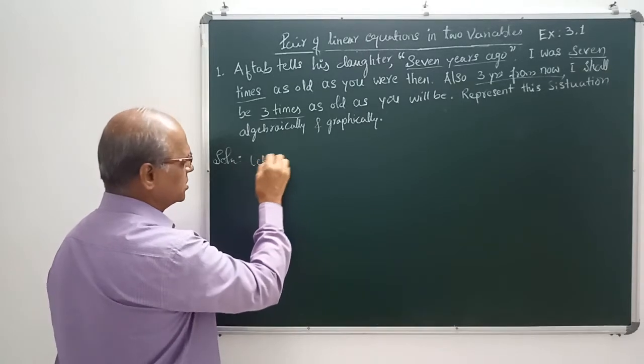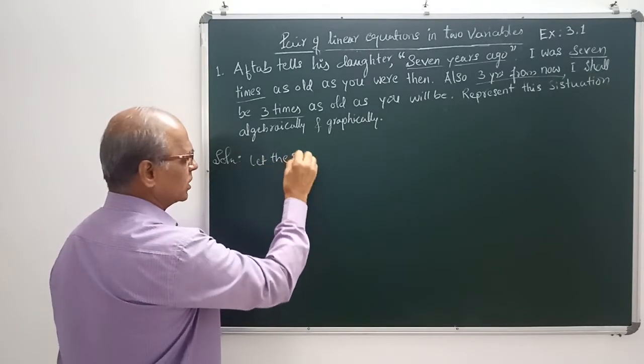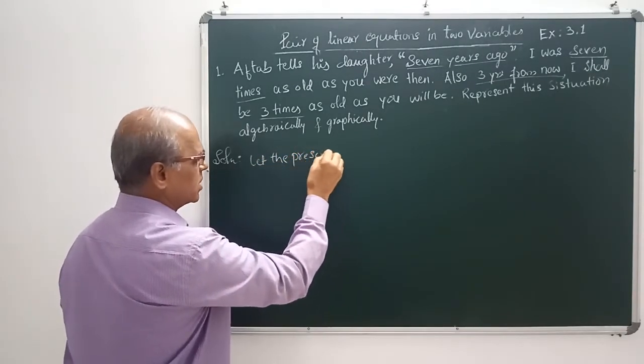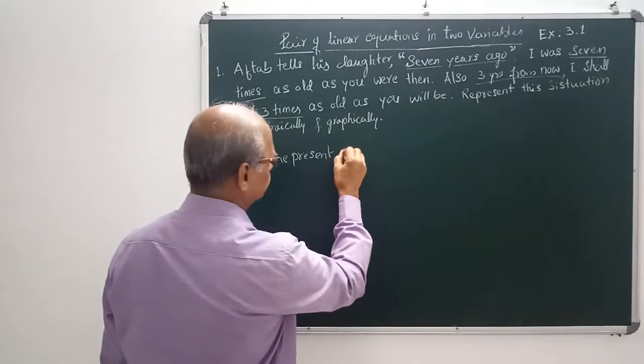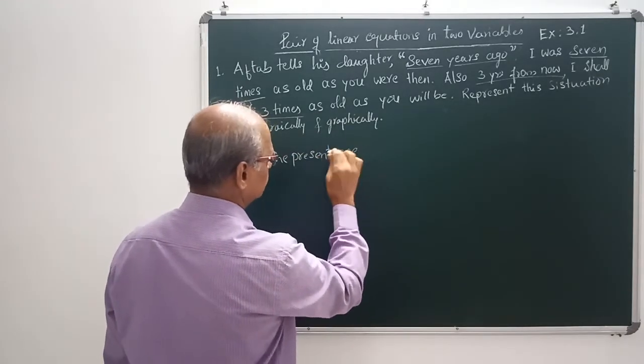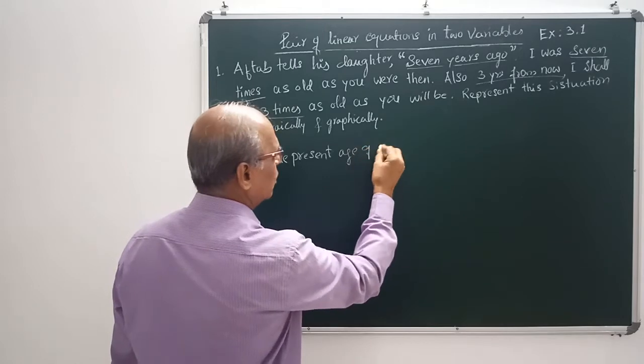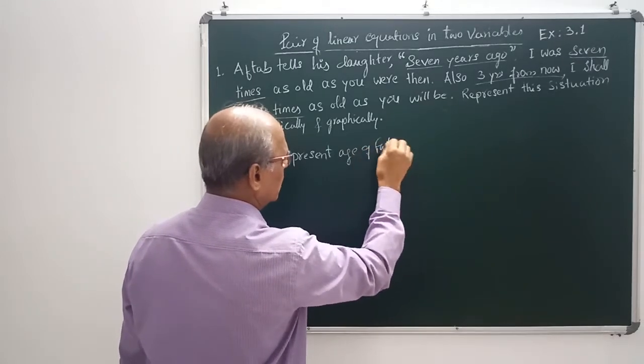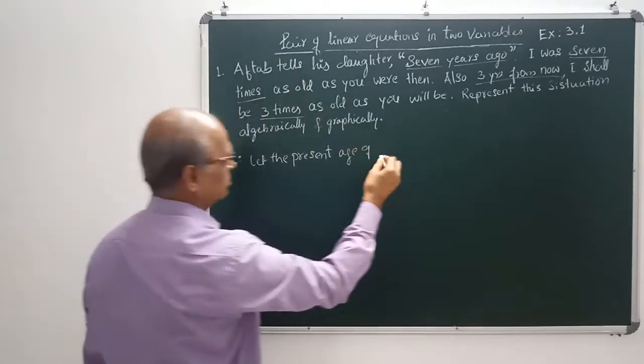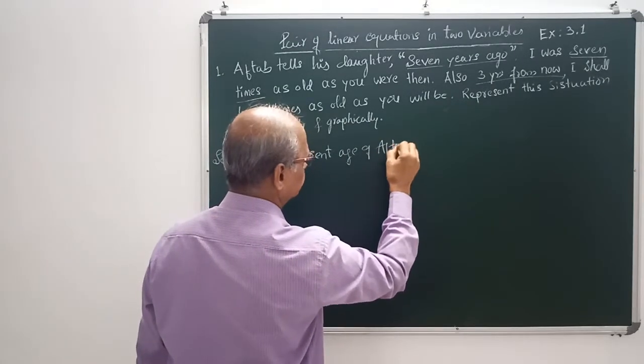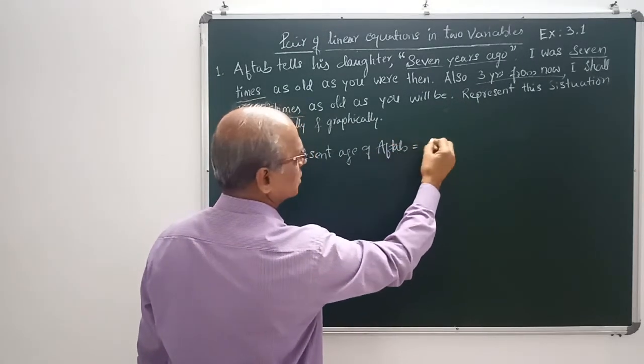Let the present age of father, or you can write Aftab, the name is given, be x years.